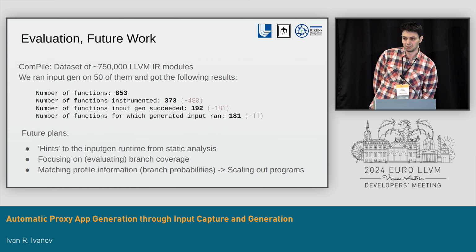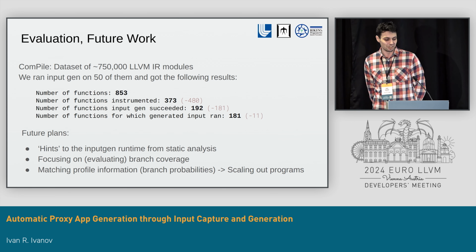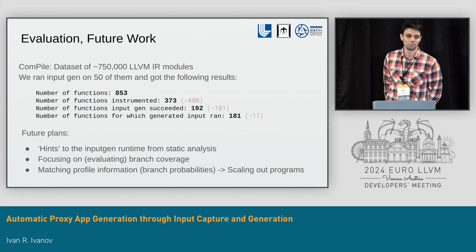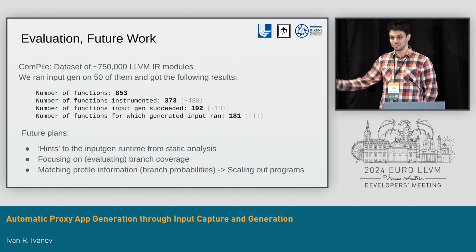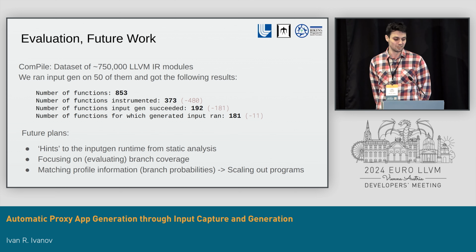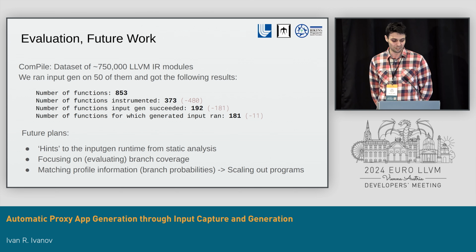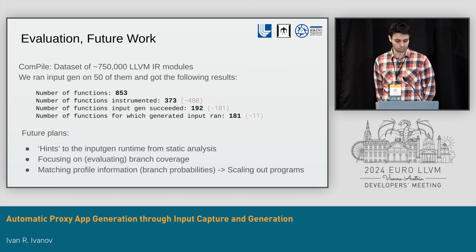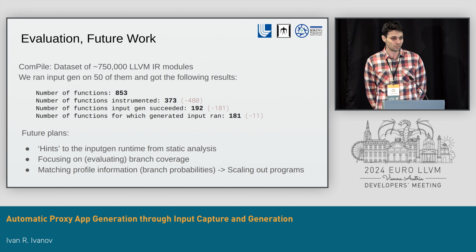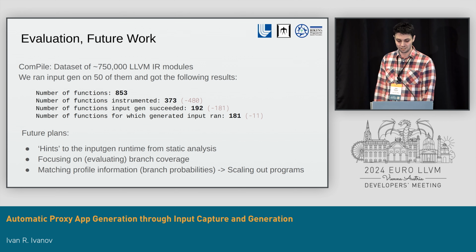So for our evaluation, and this is still a work in progress, so there are lots of improvements to be made, there's this work ComPile, which is a data set of a lot of LLVM IR modules. There were a couple of talks that discussed it.